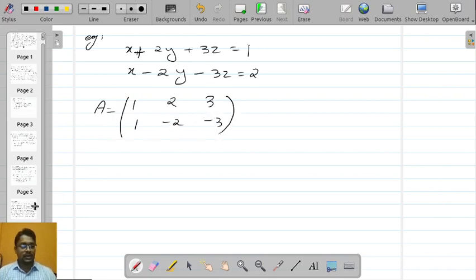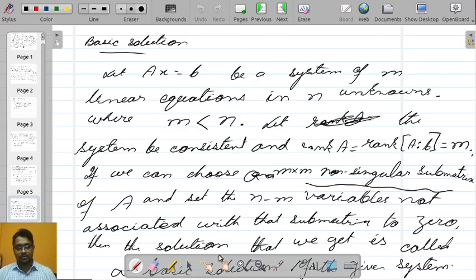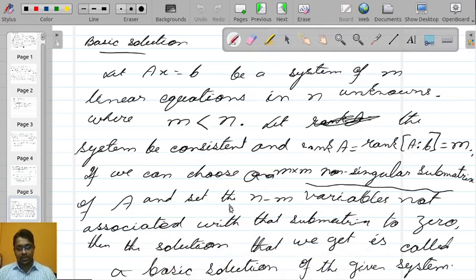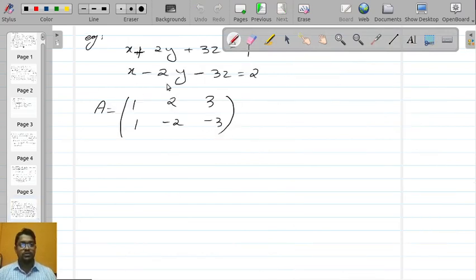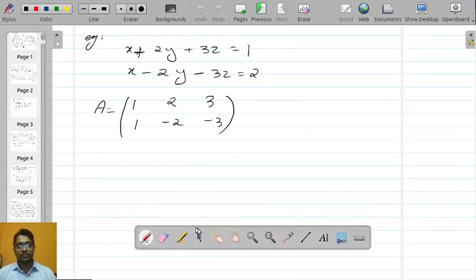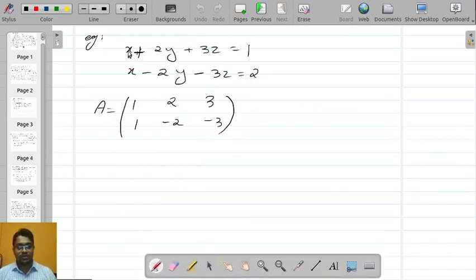In the earlier definition there are some words which I have used, for example, n minus m variables not associated with that submatrix. What do you mean by that? What are the vectors associated with the variable x? The vector associated with x is the first column, 1 1.